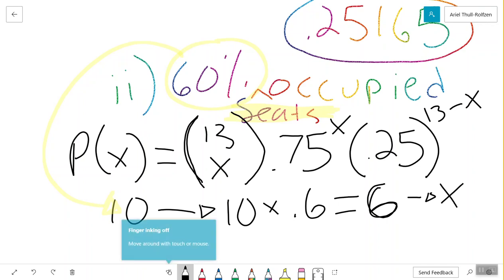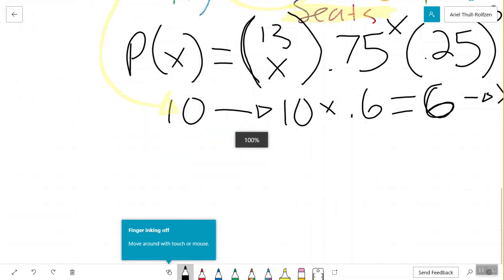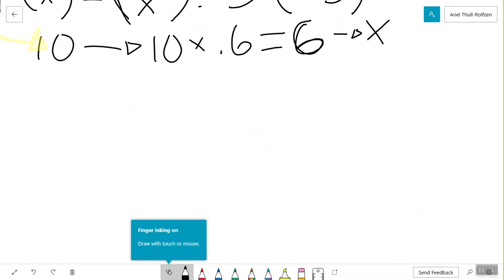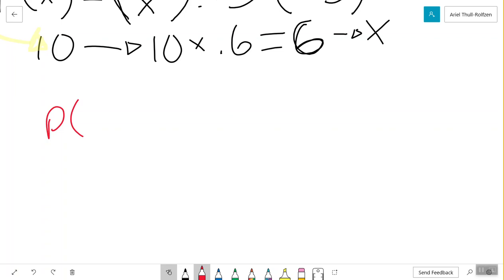So we can take that over here and say, okay, P of X equals 13 combination 6.